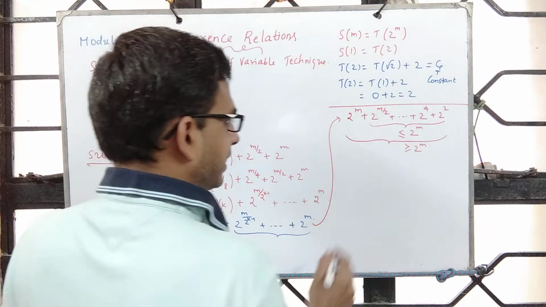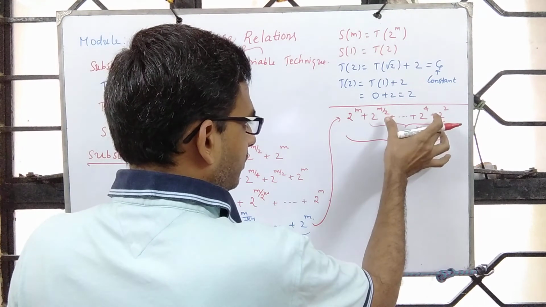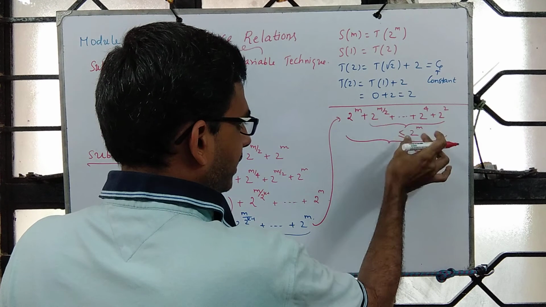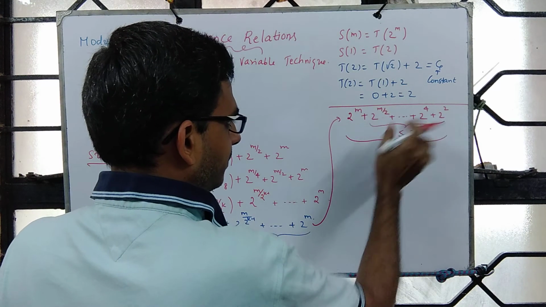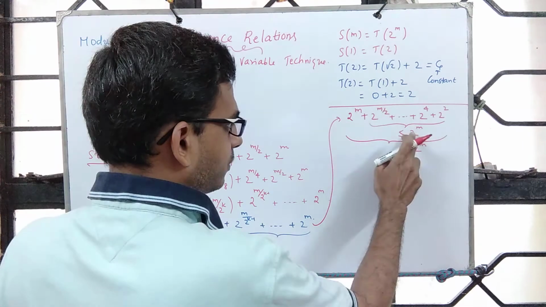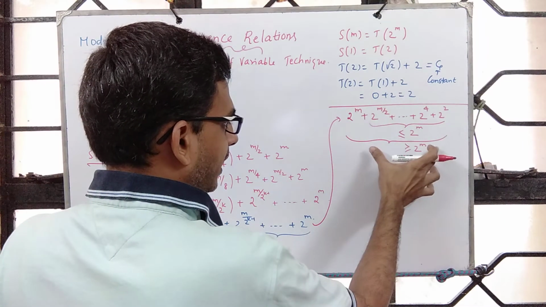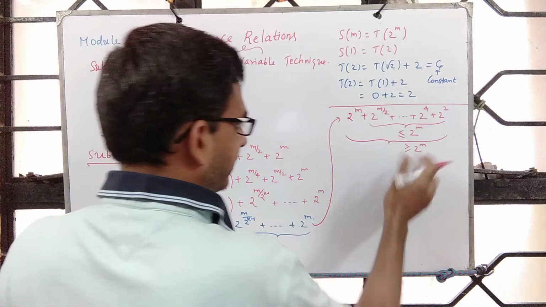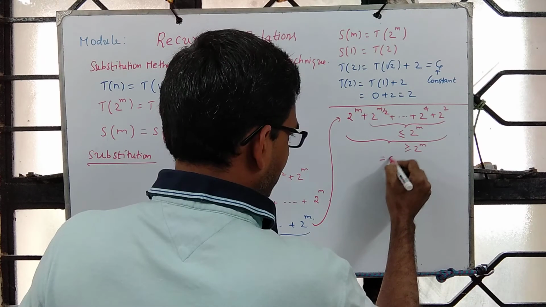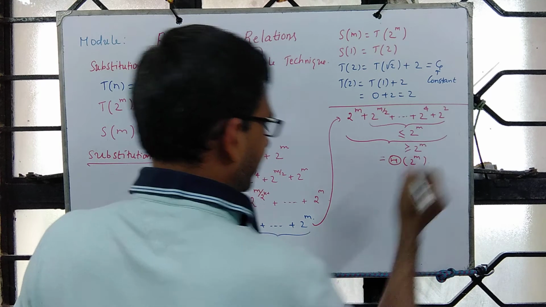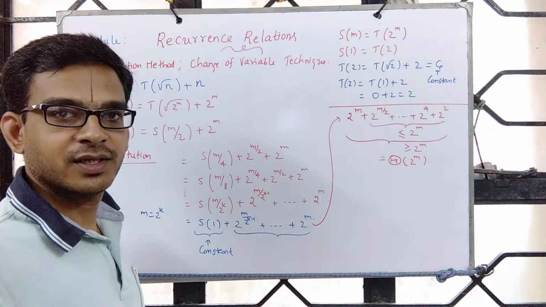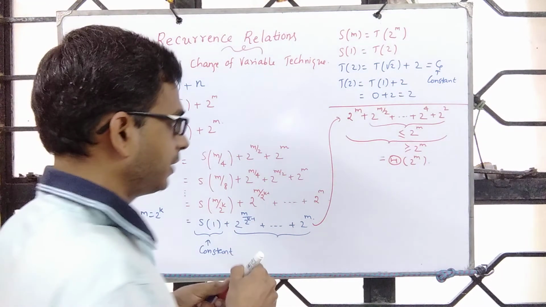So what is this telling us? If this part is upper bounded by 2^m, the entire function will be at most 2 times 2^m. And this is at least 2^m, which means this will be theta of 2^m. Correct? This is one way of doing it.